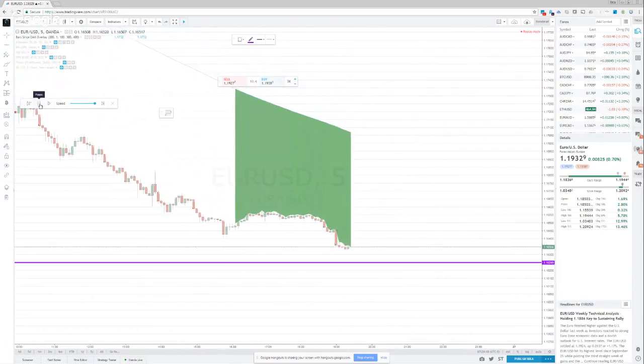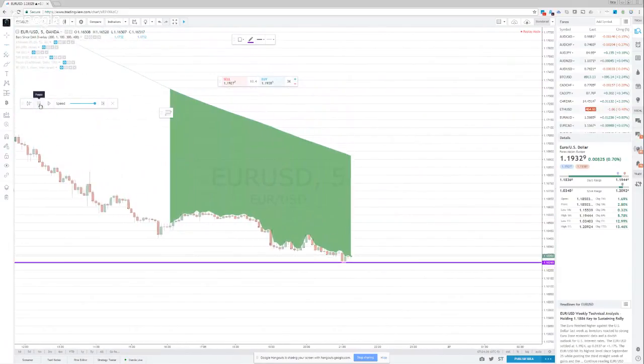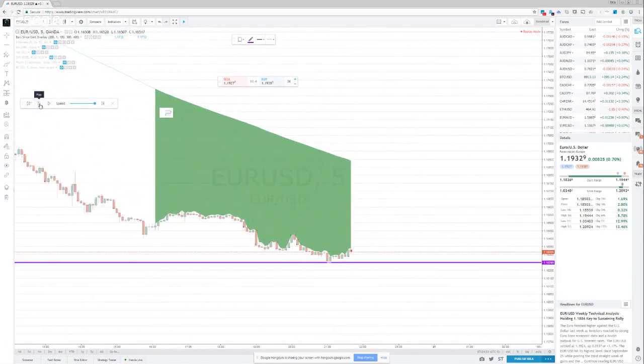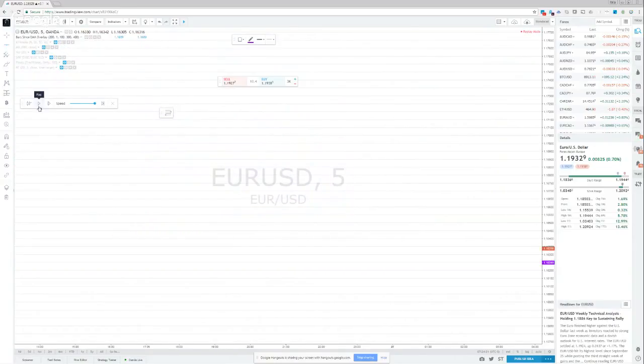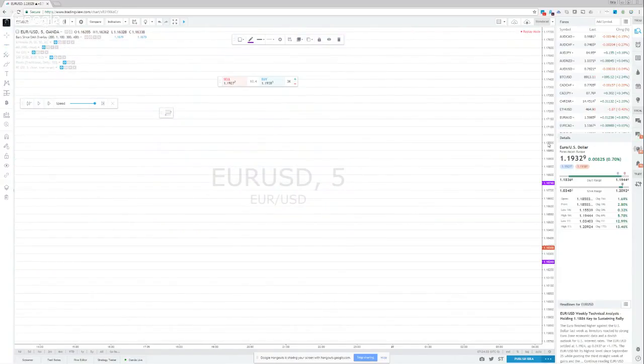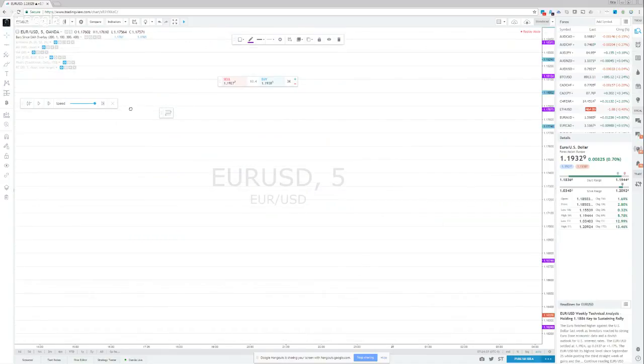Let me make it faster so I don't bore you out with this. Okay. Stop. So now I paused it. It's almost hit the 10 pips there. Oh, wait. What happened? Where did it go? Right.